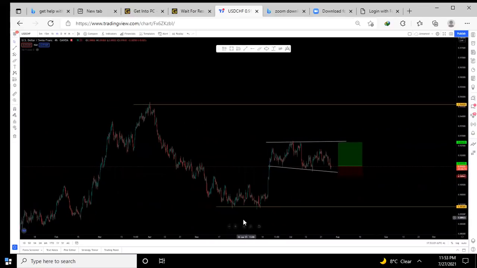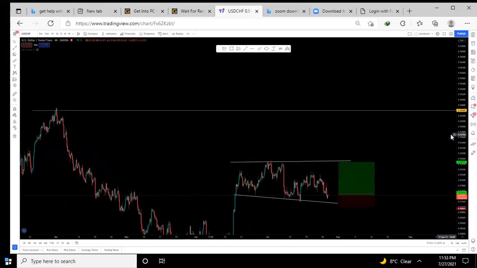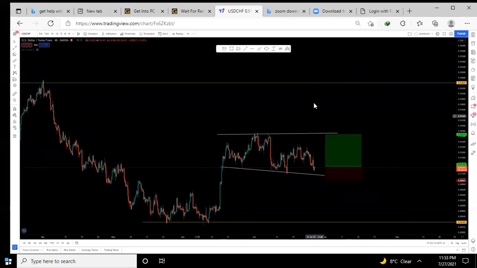Do you understand, guys? So this is how it will be. But then if we go up and we break that level, if we continue going up, then we have a correction, then the chances of the market shooting up are very high.